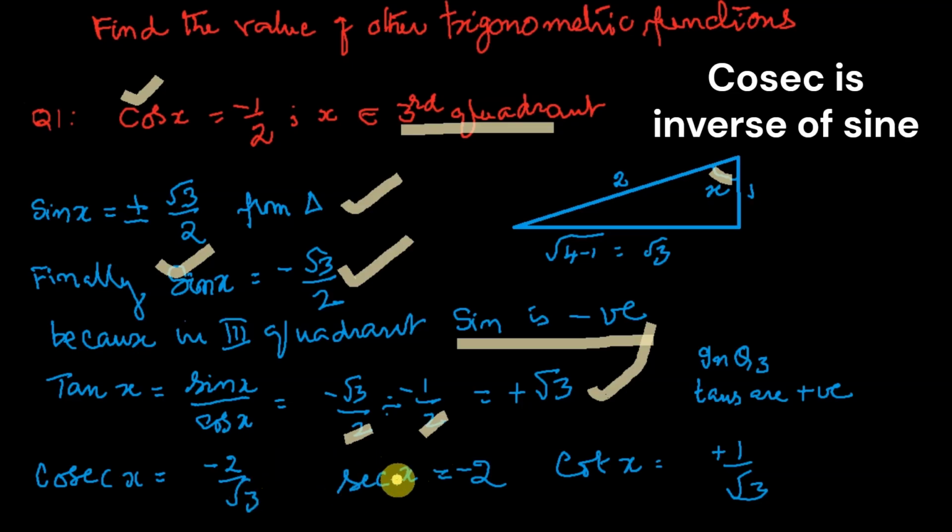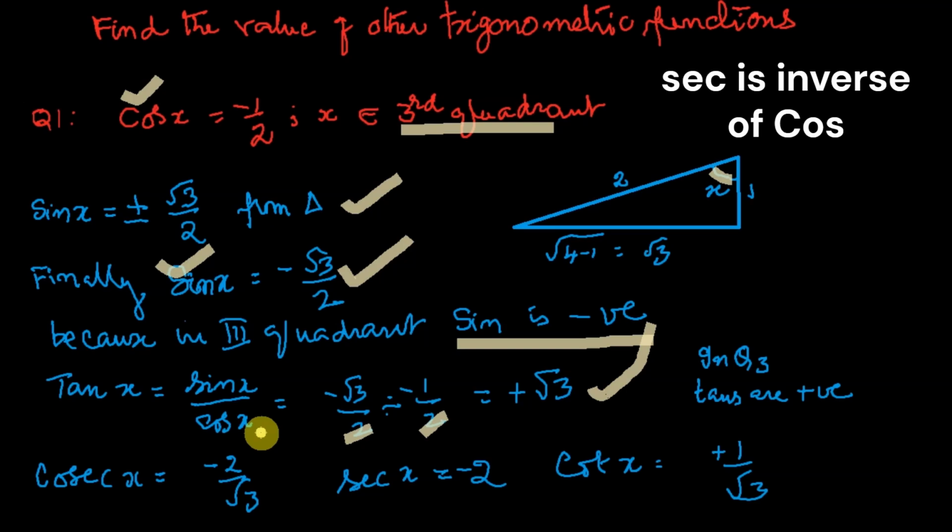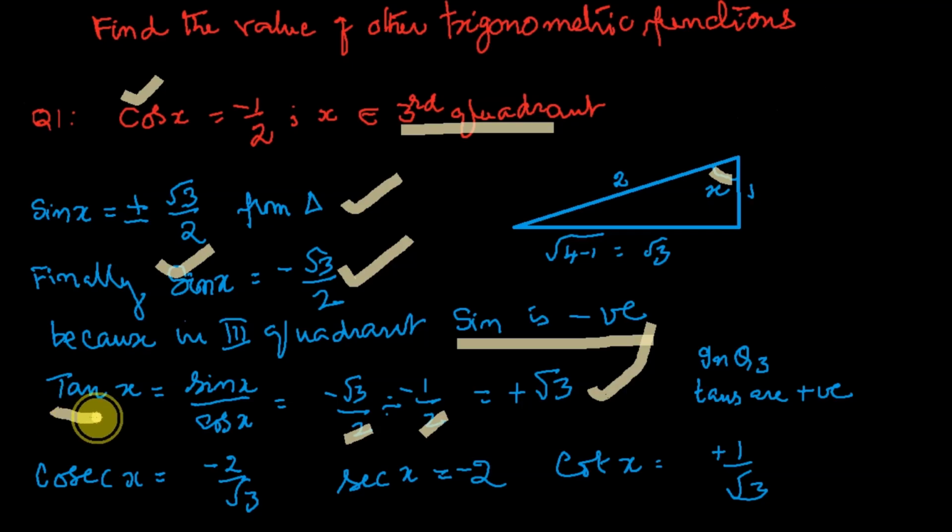Secant is the inverse of cos x. Our cos x is given as minus half, so secant is minus 2. Cot x is the inverse of tan x, that is 1 by root 3.